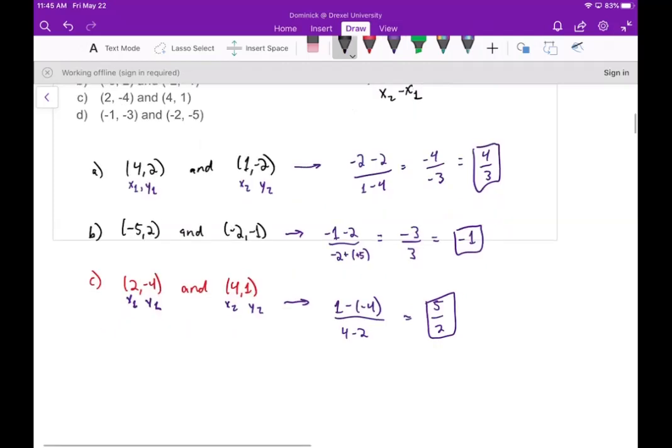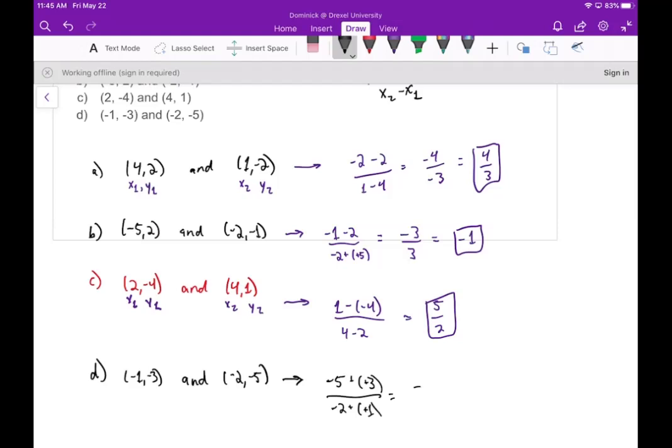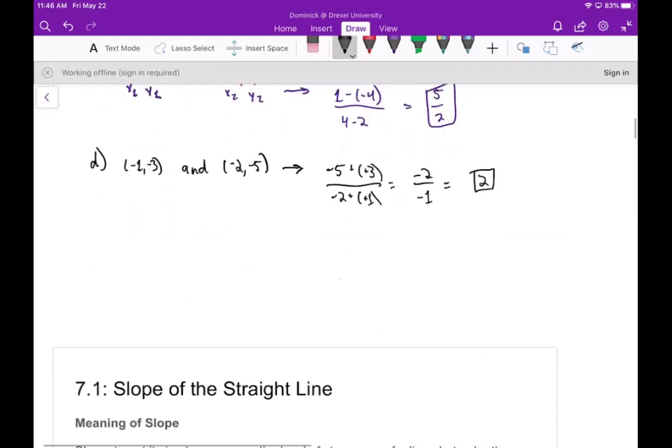Okay, and then last but not least, part D, we have negative 1, negative 3, and negative 2, negative 5. And if we plug this in, we'll get a negative 5 minus negative 3 over a negative 2 minus a negative 1. So here we get minus and negative in both cases. So we're going to get a negative 2 over a negative 1, which we can write as just positive 2. All right, so those are some examples of finding the slope.